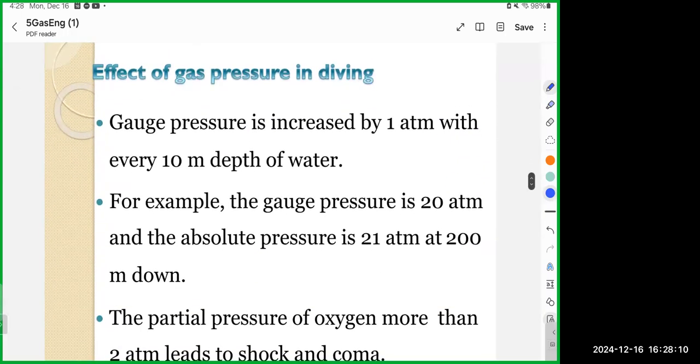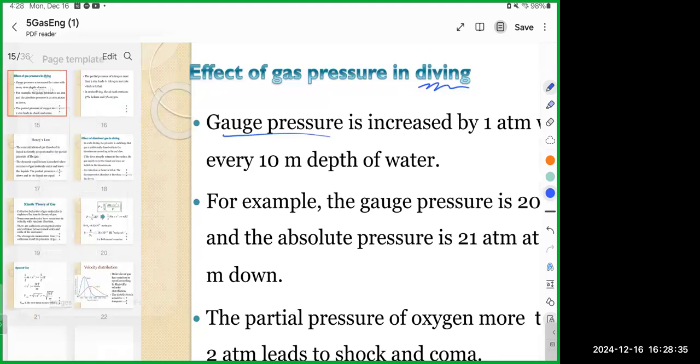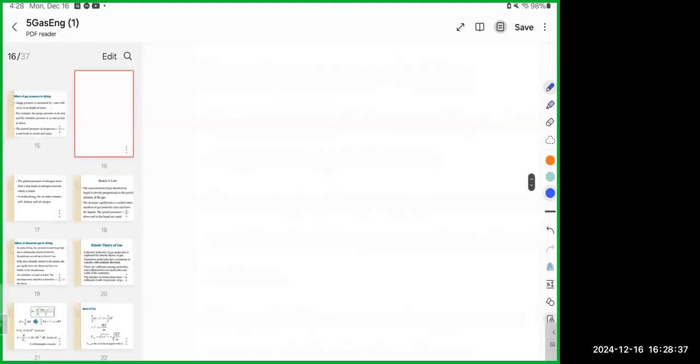And here, for the effect of gas pressure in diving, and you go diving, okay? Approximately, the gauge pressure would be increased by 1 atm for every 10 meters of water depth.